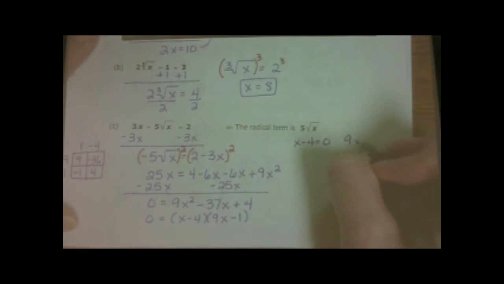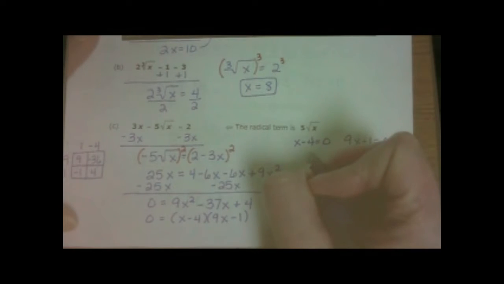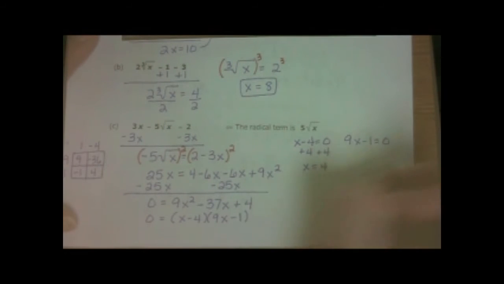And I'm going to get two solutions. So add 4 to both sides, and I get x equals 4. Here, add 1 to both sides, and I get 9x equals 1. Divide both sides by 9, and I'm going to get x equals 1/9.